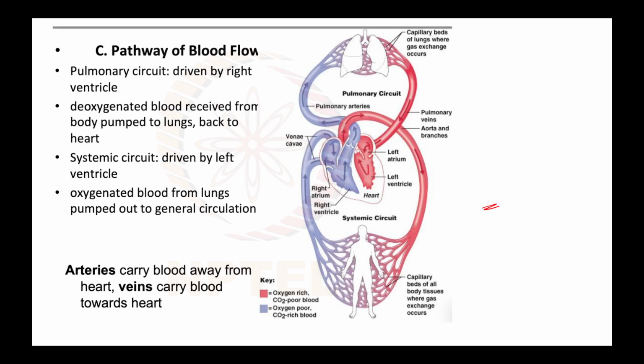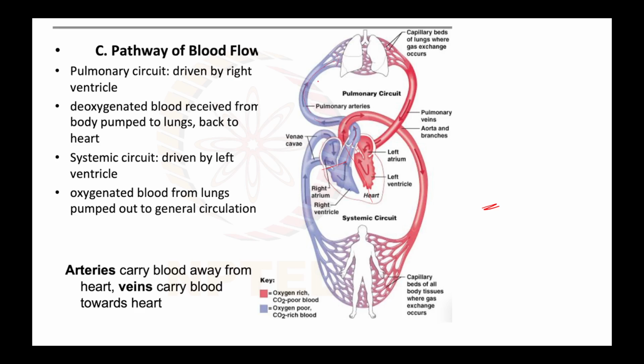Here we can see that the heart is divided into four chambers. The right side of the heart receives deoxygenated blood from all over the body through the superior and inferior vena cava into the right atrium, and then it goes to the right ventricle, and from the right ventricle to the lungs, where it gets oxygenated.